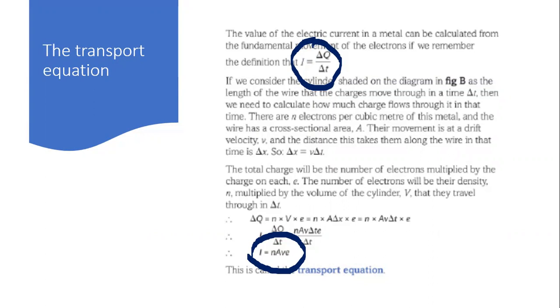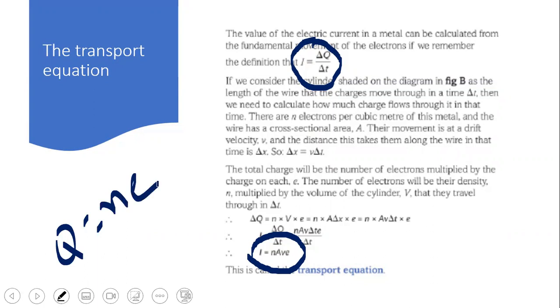So we have to calculate the total charge. What is total charge? If you guys remember, I told you the formula right at the start. The formula I told you guys was Q is equal to NE. Fine.